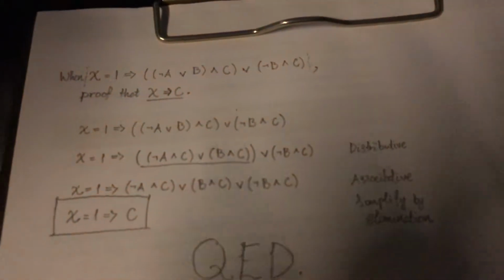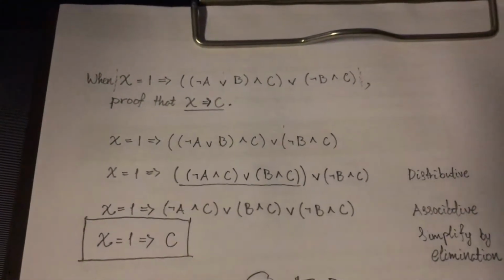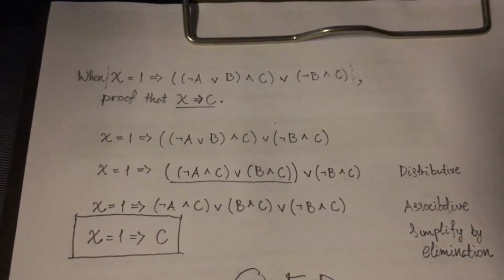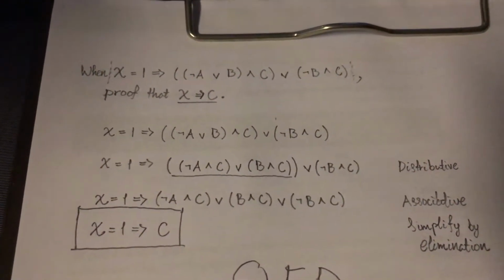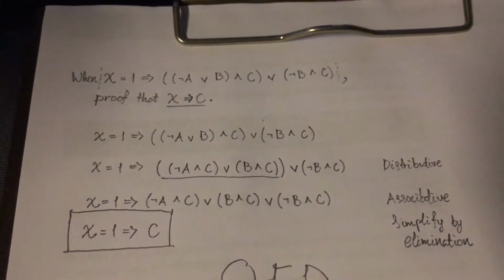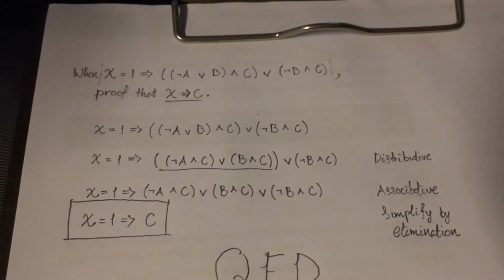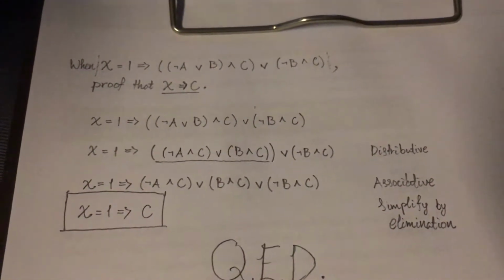There you go. I fixed the sign to the implies because I forgot that. Anyway, when X equals 1, it implies that (not A or B) and C, or not B and C. Now prove that X actually implies C.